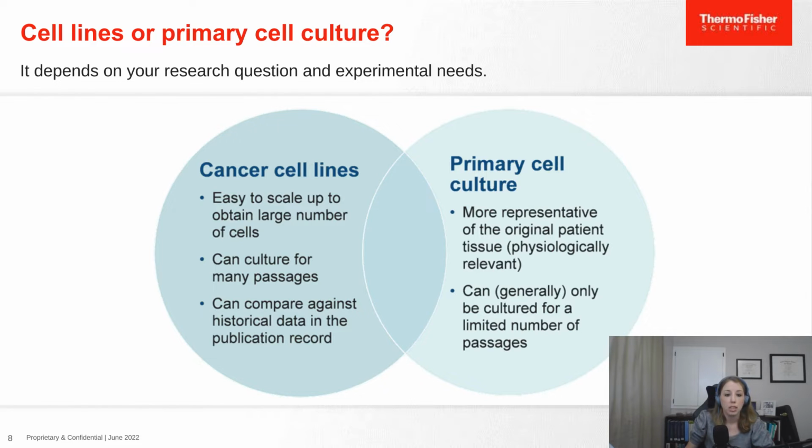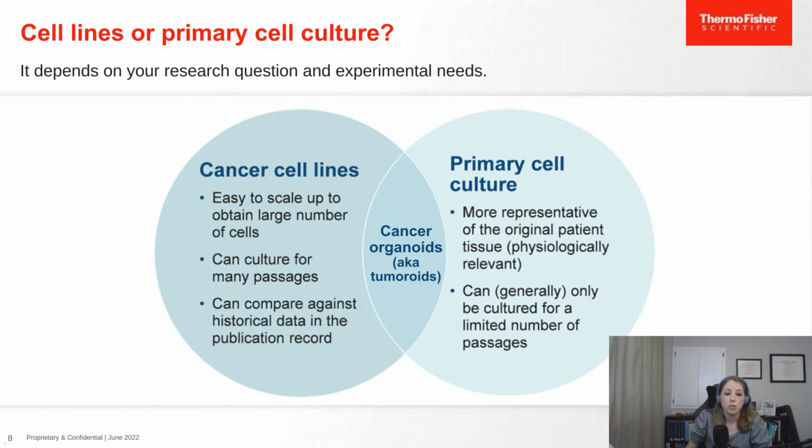One emerging cell model type that bridges the gap between these cancer cell lines and primary cells is known as the cancer organoid model, or tumoroids. These are freshly patient-derived models that are grown in 3D and may be cultured for a relatively long period of time as compared to primary cells grown in 2D.